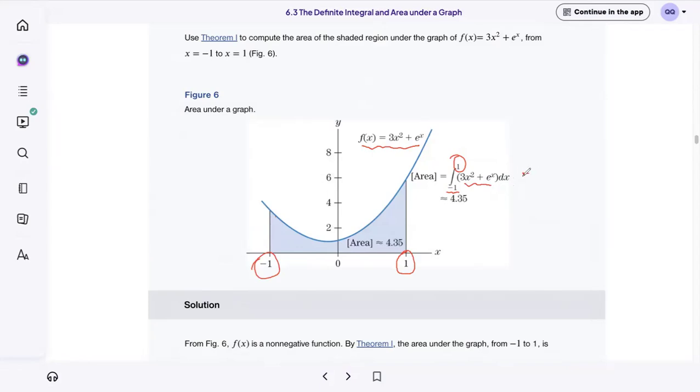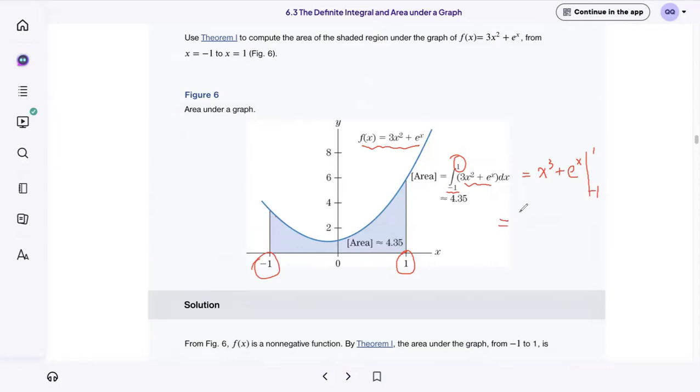So how do we do the calculation? We're going to anti-differentiate. We anti-differentiate 3x squared. If we do, that's x cubed, right? Because we add 1 to 2, that's 3, divided by 3. So that's x cubed. Then plus e to the x. Well, the derivative of e to the x is e to the x. Then we want to evaluate at -1 and at 1.